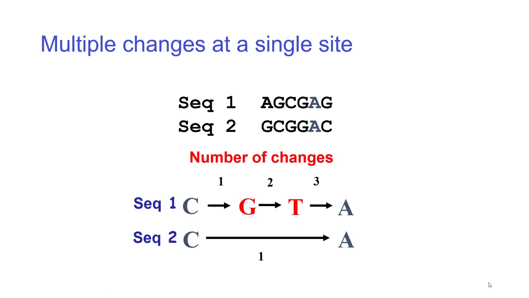Imagine that A arose by, in sequence 1, it goes C, goes to G, goes to T, and then comes to A. And in sequence 2, it arose from an ancestral sequence which was C and just went directly to A. When you have sequences that have a very long distance between them, you miss a lot of the changes that happen. It gets very hard to infer what the intermediates are over millions of years and millions of generations.